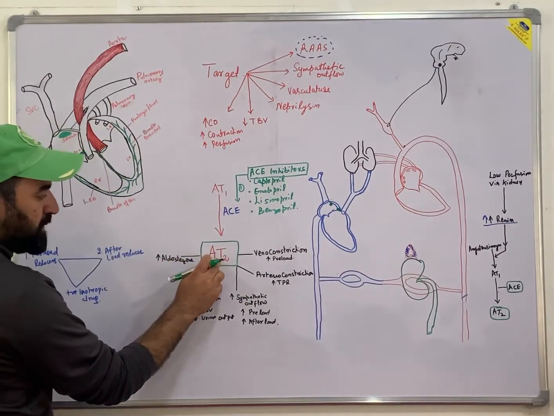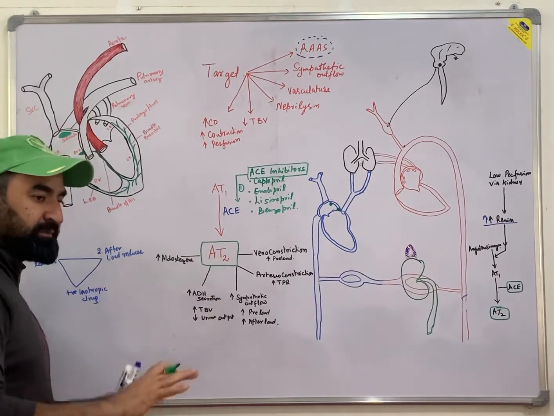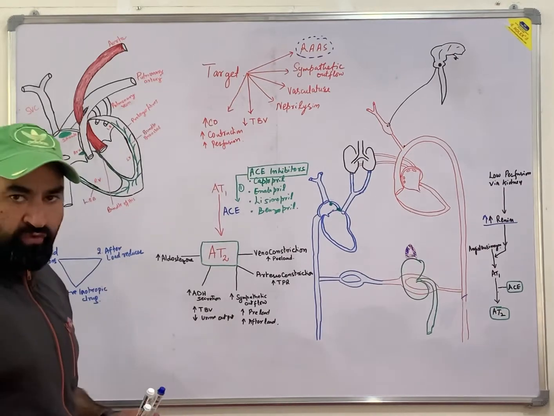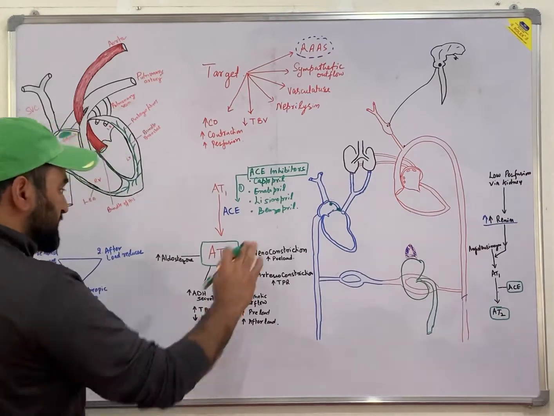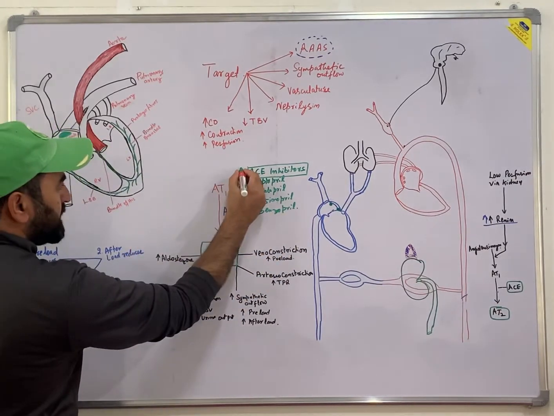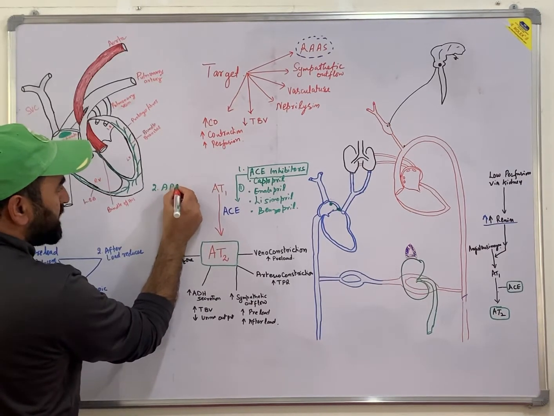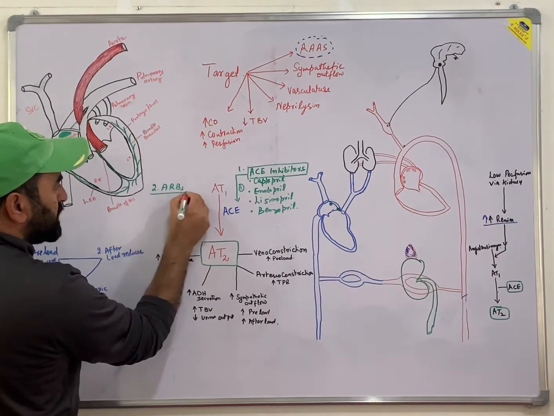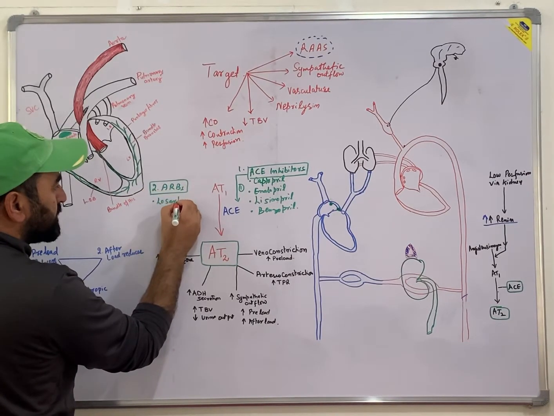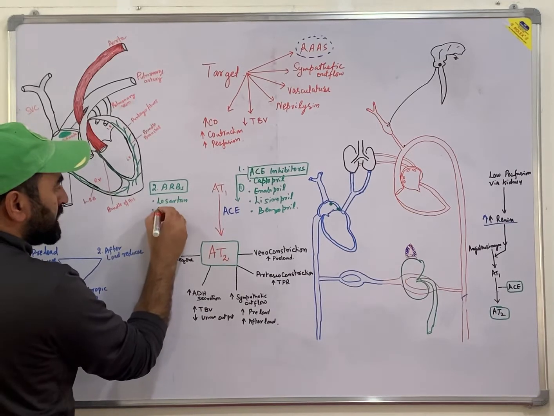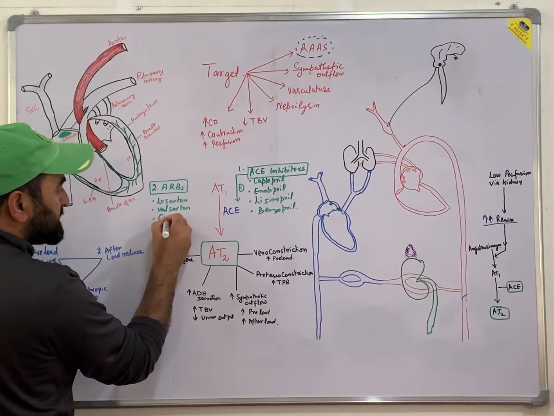Number second, you are going to block this AT2 at the receptor level. That means you are going to block the receptor of the angiotensin 2 so that the sequel event will not occur. That means number second treatment will be ARBs, angiotensin receptor blockers. It include, I'll tell you, losartan, valsartan, candesartan.